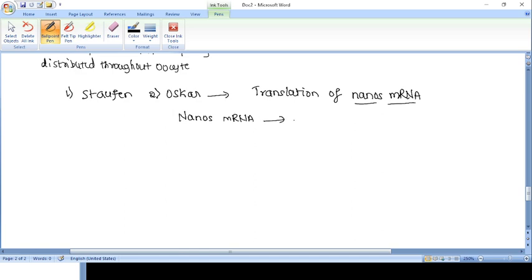Nanos mRNA is bound by two proteins, smaug and cup protein.